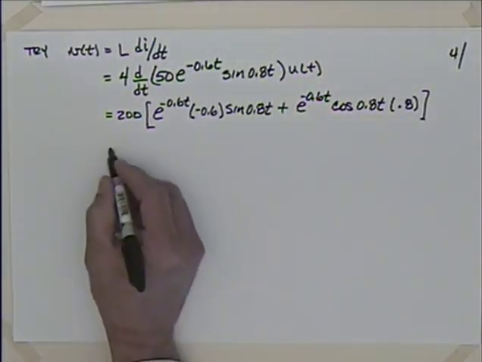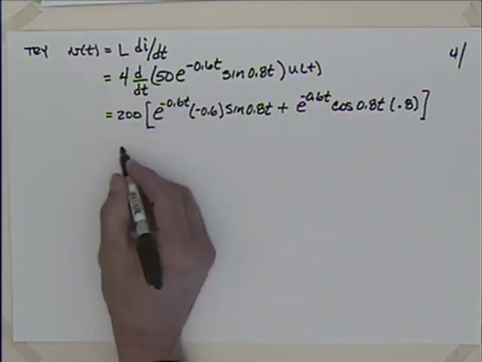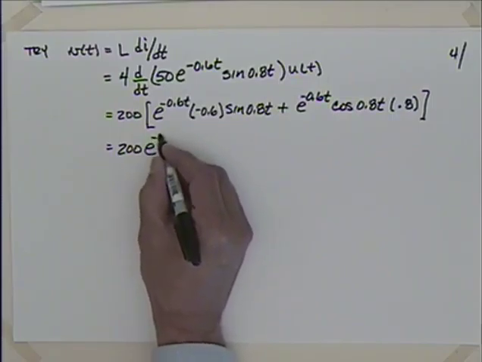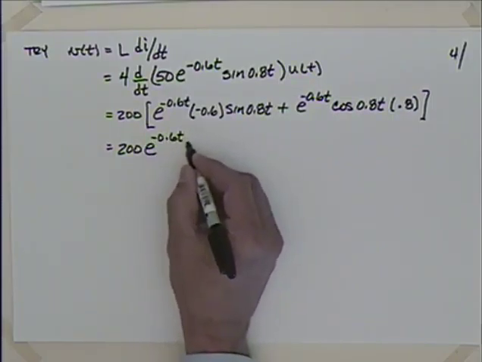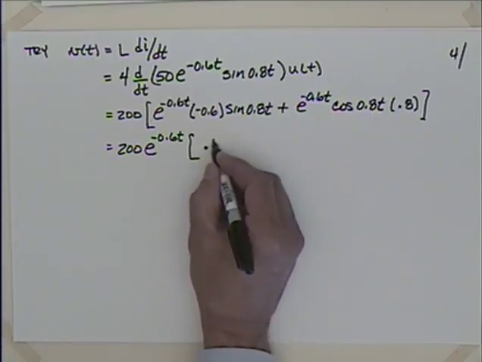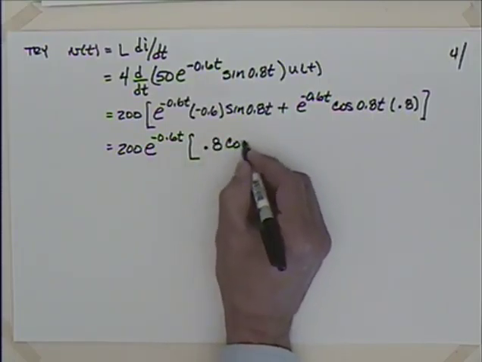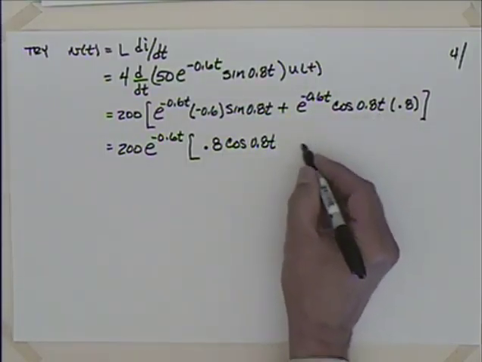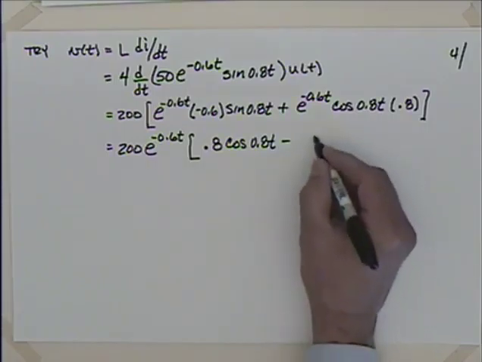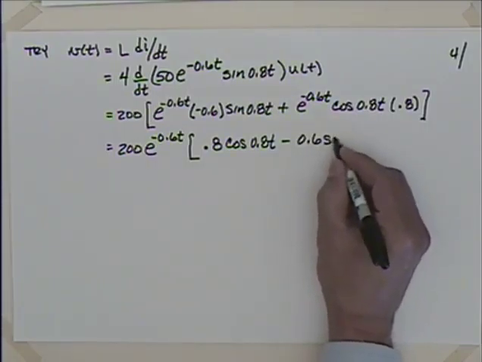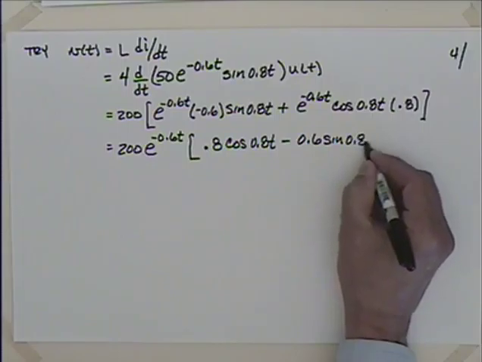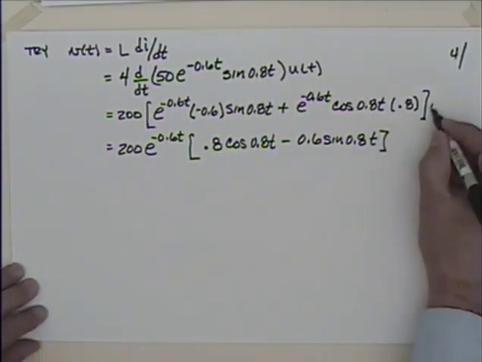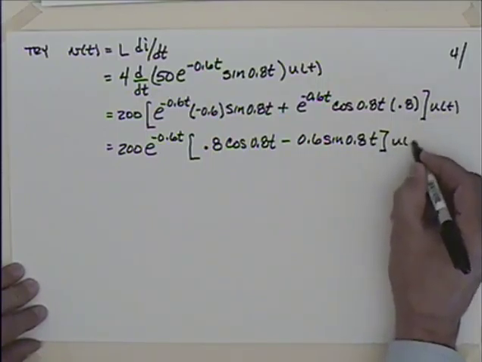Okay, so let's see, both of them have an e to the minus 0.6t, so I've got 200 e to the minus 0.6t times 0.8 cosine of 0.8t. I've switched the order there. Minus, kind of protecting that negative sign, 0.6 sine of 0.8t. And that dropped off the u of t there. There we go, u of t.